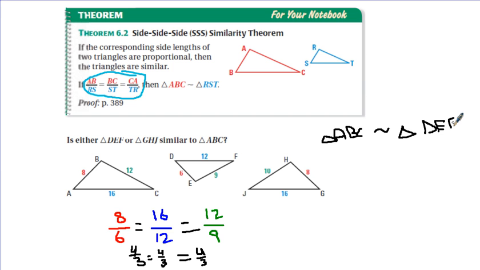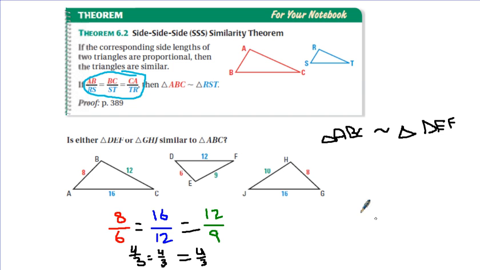And that's all you need to do using side-side-side similarity as your shortcut. You need to check all three sides: use the short side as a ratio, a big side as a ratio, and then what's left over as your final ratio. So ABC and DEF are similar to each other.